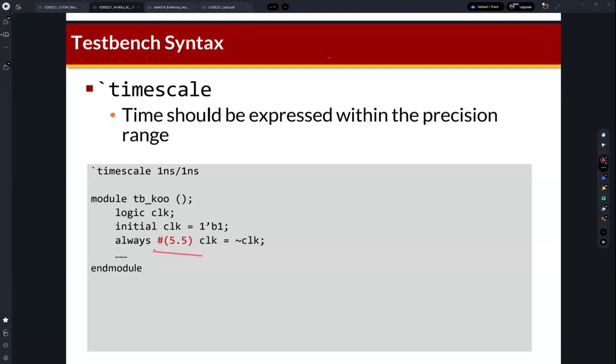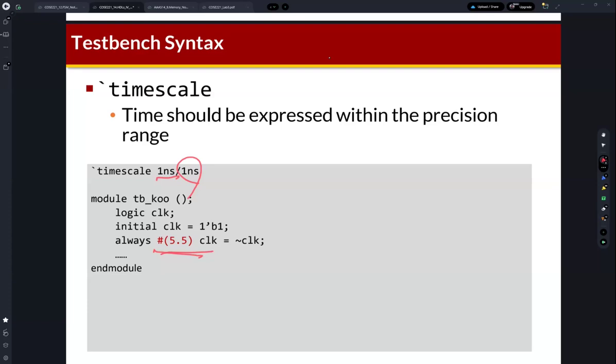So this is the example. In this example, the time unit is 1 nanosecond, and the precision of this timescale is also 1 nanosecond. But in this example, I use 5.5.